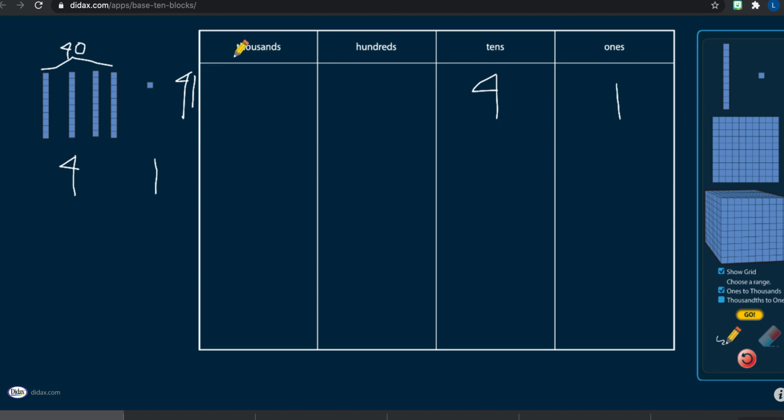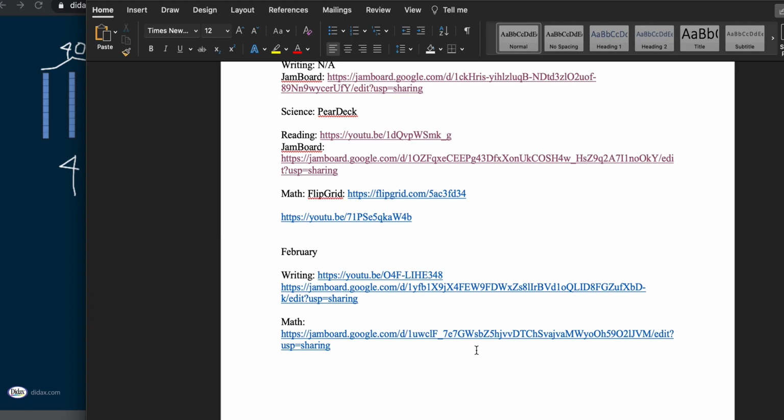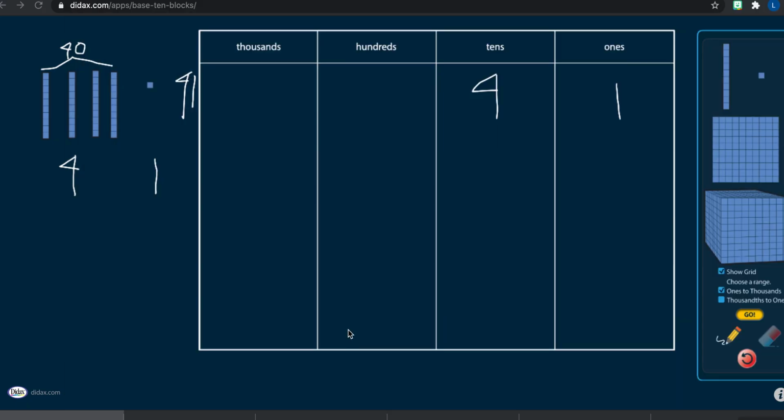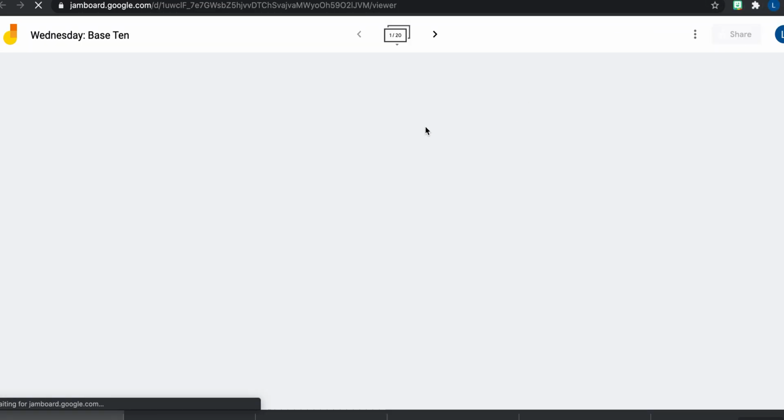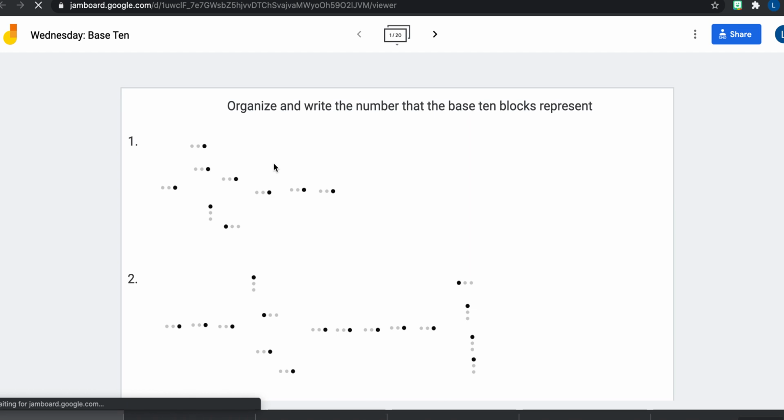So when you go onto your Jamboard, let me bring that up for you to see. Here it is. So this is what it's going to look like. Now, I give you these right here. I want this one. So you're going to see these rods and then these units. Hold on, it's just thinking.